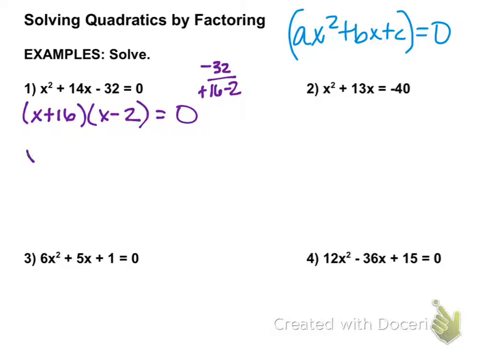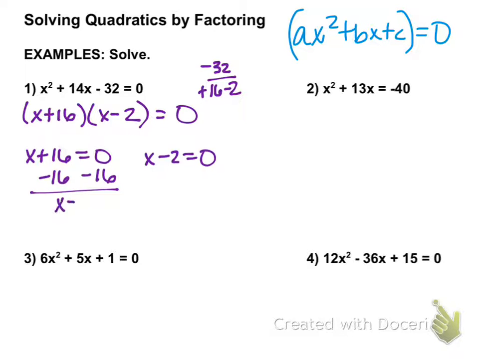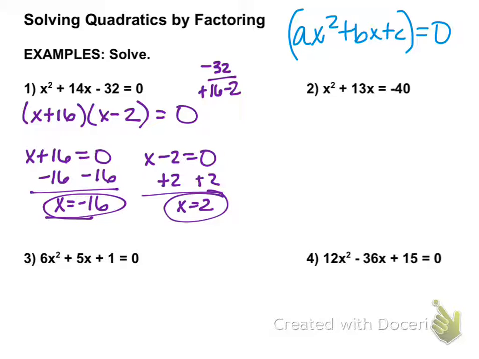So either x plus 16 has to be equal to 0, or x minus 2 has to be equal to 0. Now I can go through and solve for x. x is equal to negative 16, or x is equal to 2. So those are your two answers.